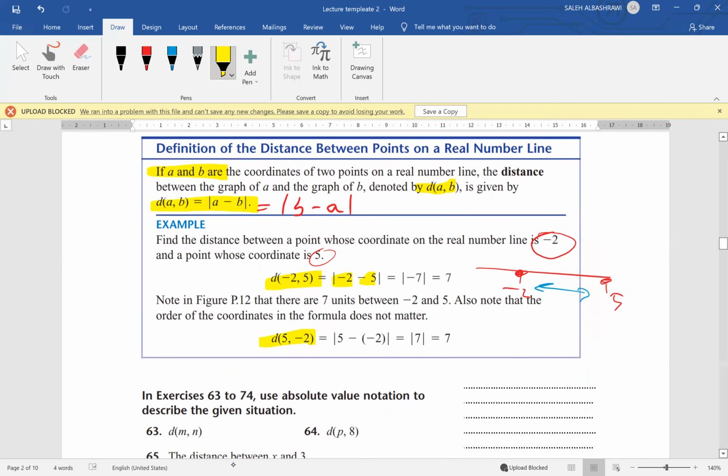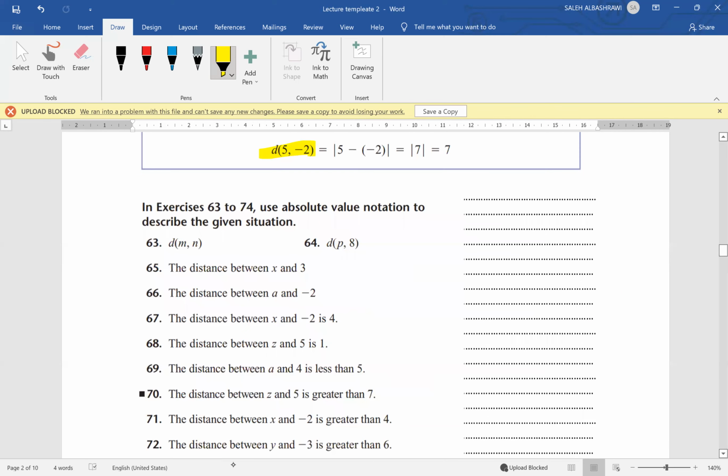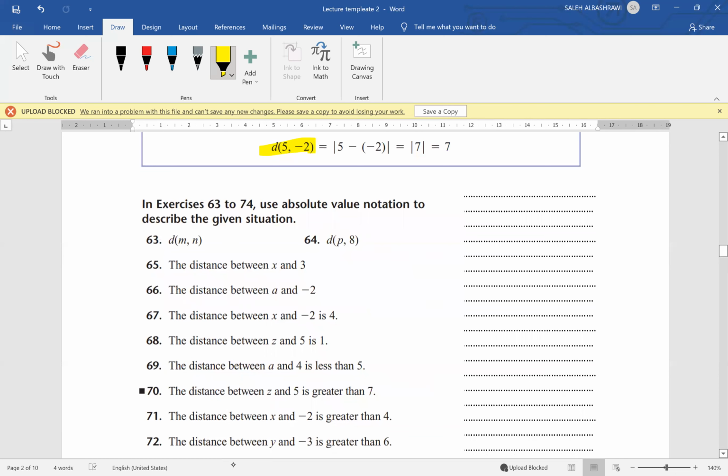So apply this to the exercises. Let's use the absolute value notation to describe the given situation. Question number 63, the distance between M and N. Using the absolute value, this is equal to the absolute value of M minus N. Next, the distance between B and 8 is the absolute value of B minus 8.